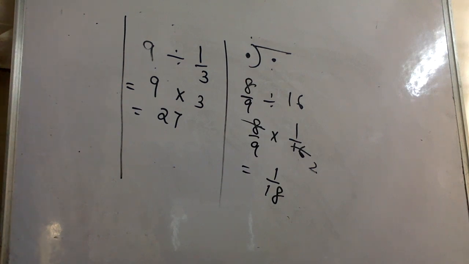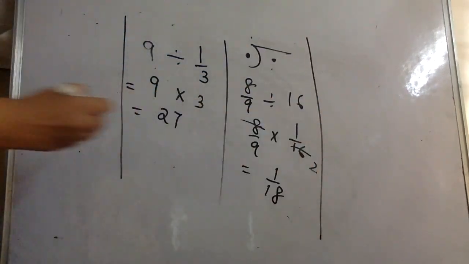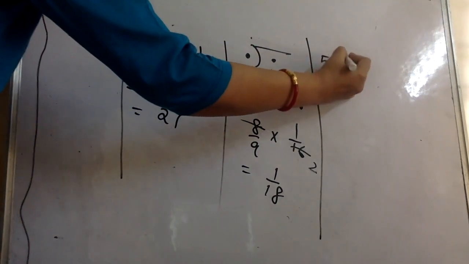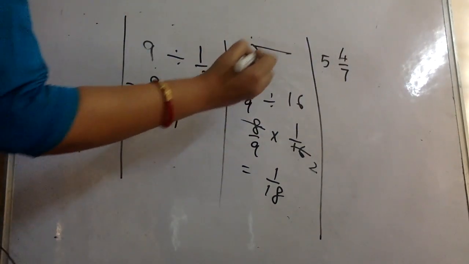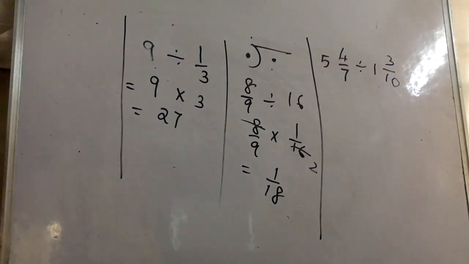It goes like this: 5 4 by 7 divided by 1 3 by 10. This is my sum. What to do now?